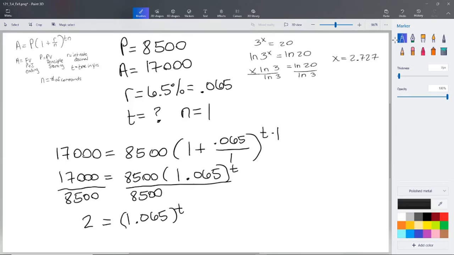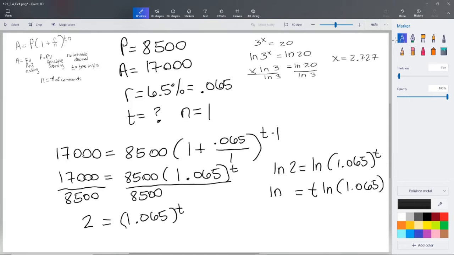So to solve this, we're going to have to take the log or natural log of each of these parts. And so that's what we'll do. Let's go over here and we'll say we're going to have the natural log of 2 equal the natural log of 1.065 to the power of t. And by doing so, this t gets to come in front. So it reads as t times the natural log of 1.065 still equals the natural log of 2.